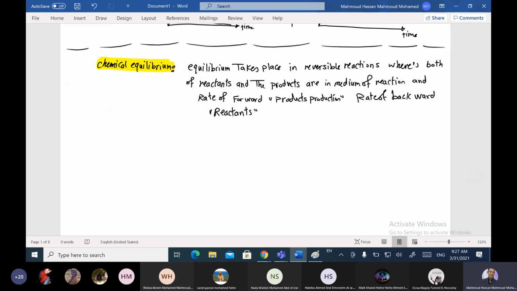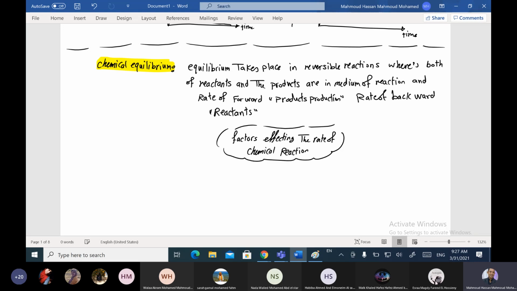Now we are going to talk about the factors affecting the rate of the chemical reaction. Number one, nature of reactant.